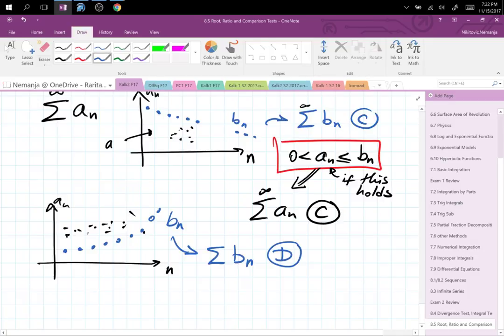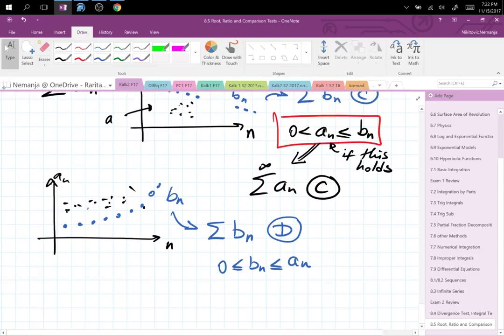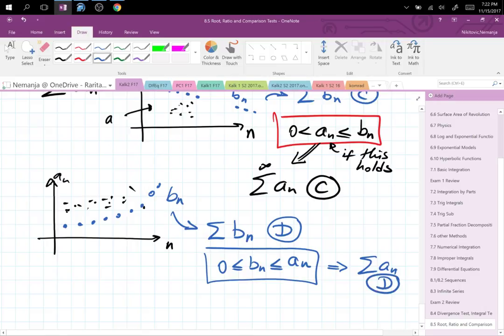So in this case, if 0 is less than or equal to bn, less than or equal to an, and that condition holds, that will mean that the summation of an diverges as well.